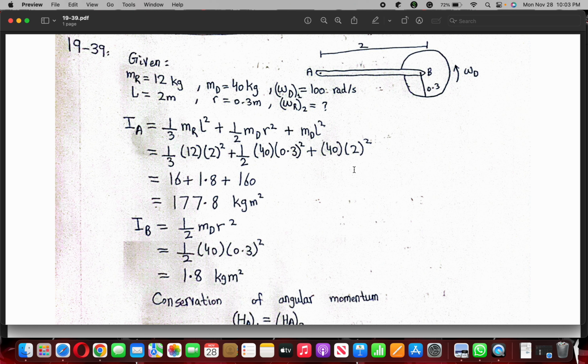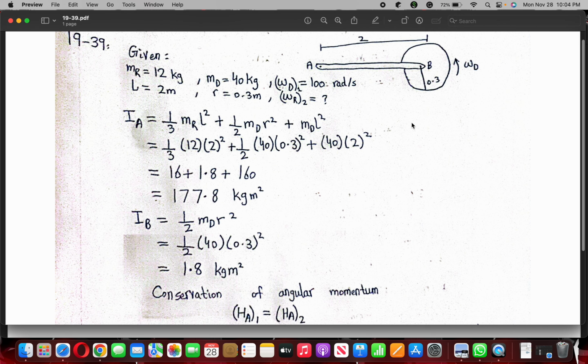So we do that: 1/3 m_r L² plus 1/2 m_d r² plus m_d L². The m_d r² term is for the disc, and m_d L² is because it is also attached to the rod over here. So we put in the values and we get the inertia at A, which is 177.8 kg·m², for the rod attached to the disc.